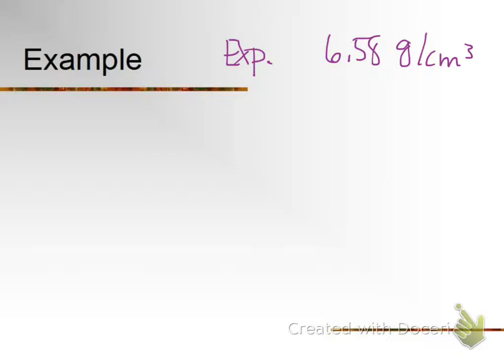And I tell you that the accepted value is actually 6.3 grams per centimeter cubed. So I want you to calculate what your percent error would be. So everybody do that real quickly, and then I will see if you're right.